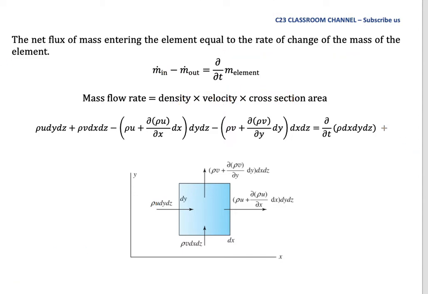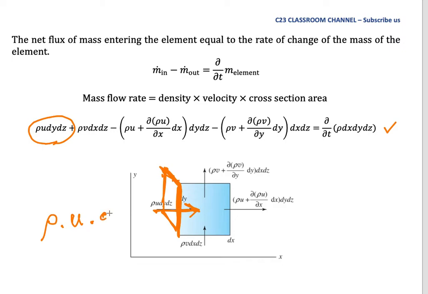So we could write it as this one. If you see this equation, you will find that rho u dy dz is the mass flow rate at the inlet here. We have the density, which is rho. Then you know that the x-axis velocity component is u, and the cross-sectional area is this width times this width, so it is times dy times dz.